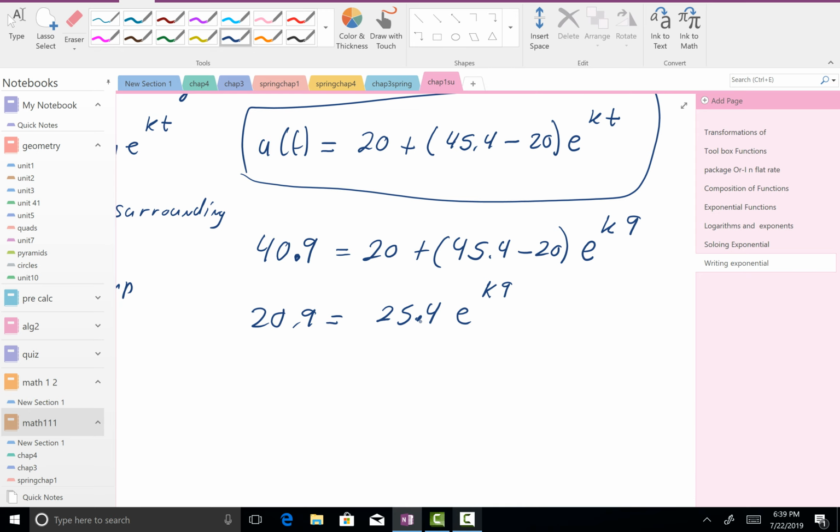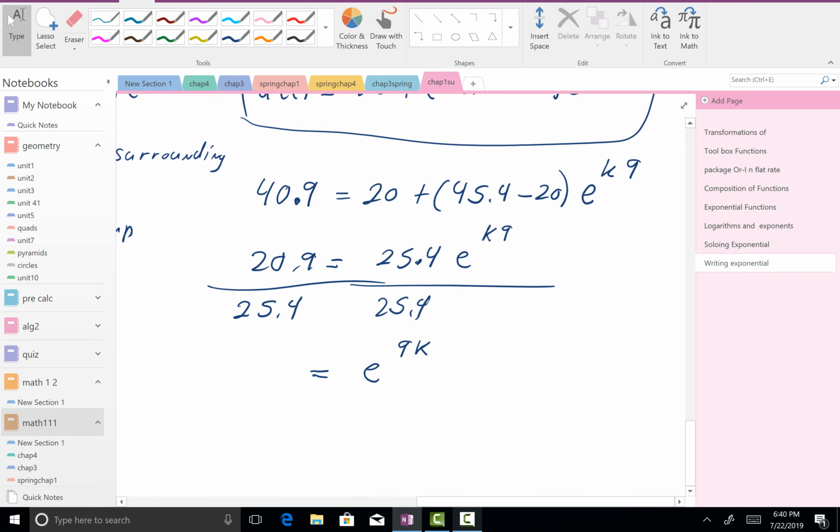A lot of these problems, these exponentials, are all going to get you to the same spot. Here we go, I'm going to divide, just like we did before. Nothing's changing there. Okay, I just need help on what 20.9 divided by 25.4 is. How much?